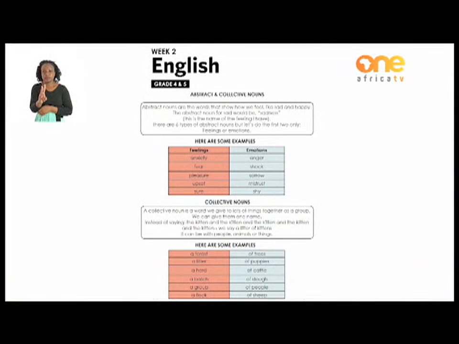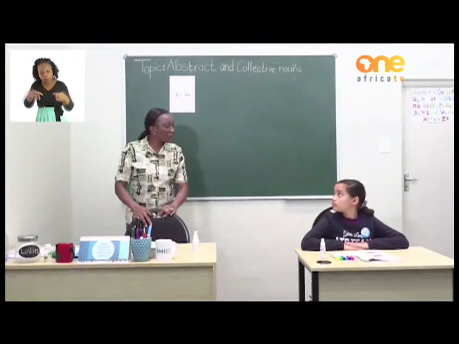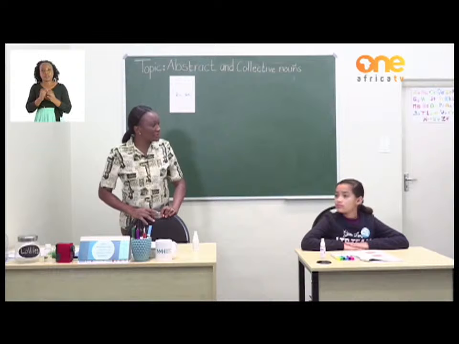You can see there are examples of collective nouns. Now, instead of saying the kitten and the kitten and the kitten and the kitten, we say a litter of kittens. Do you have a few examples of collective nouns?